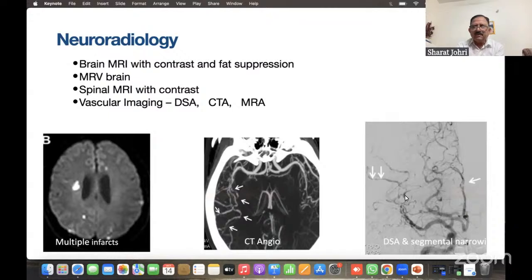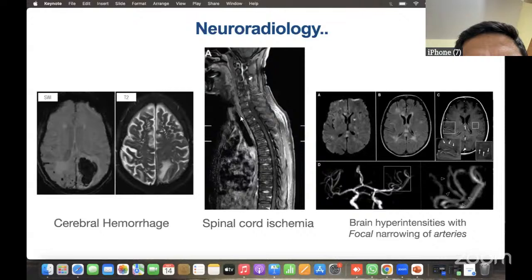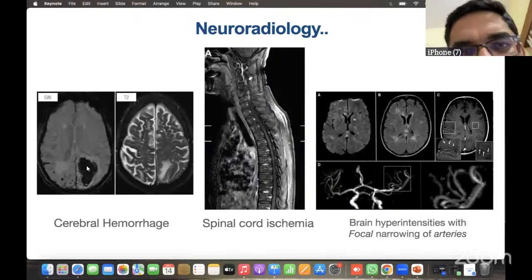It can also be seen in DSA, some narrowing in the arteries. So when you find this kind of narrowing, plus abnormal MRI, plus some other features, we can think that it can be primary angiitis of CNS if there is no other evidence of vasculitis anywhere else.